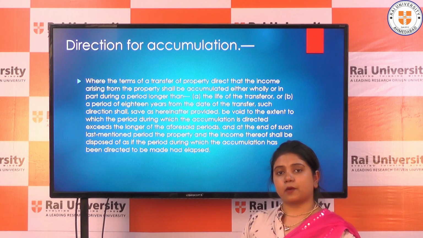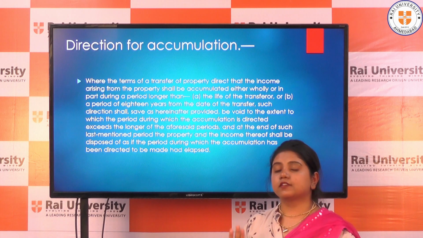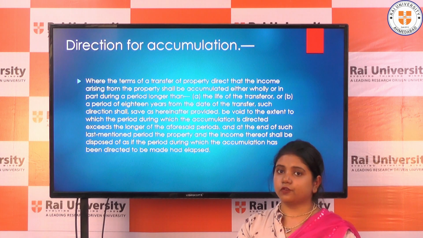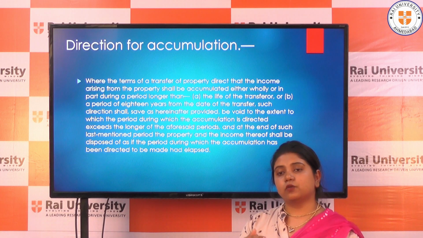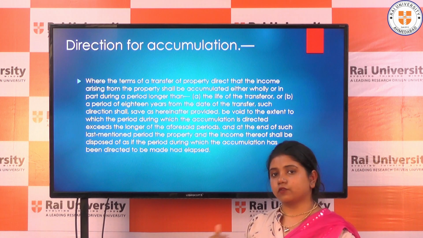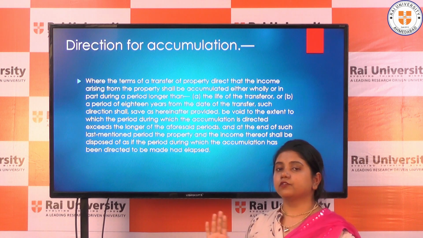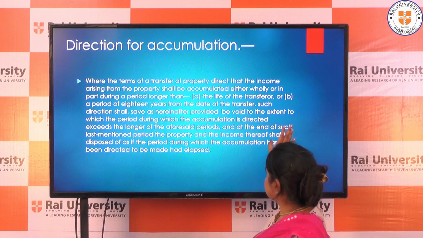Now the property will transfer to B and the condition of accumulation will continue for the remaining 15 years only, because the transferor is dead after 3 years. The period is 18 years; 3 is over, now the rest is 15 years, so for 15 years the accumulation will continue. This is what this section deals with.